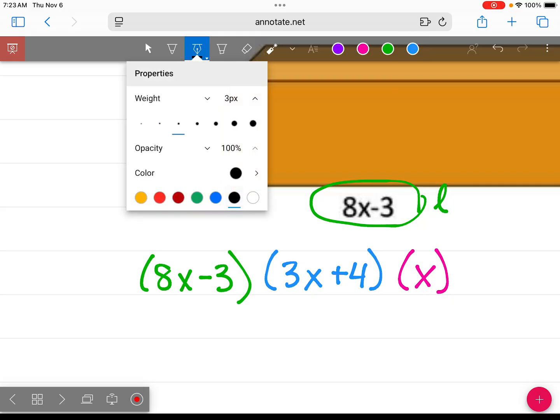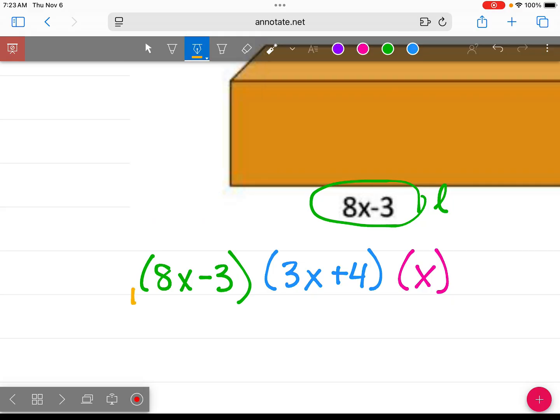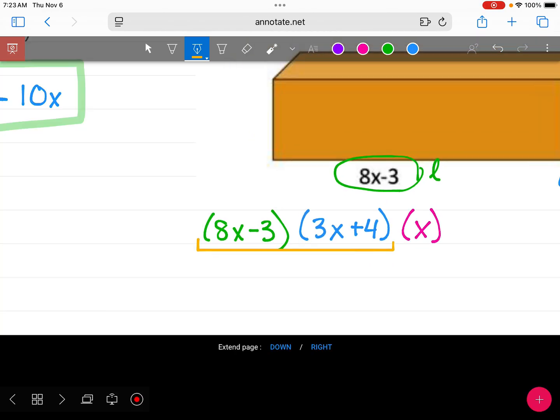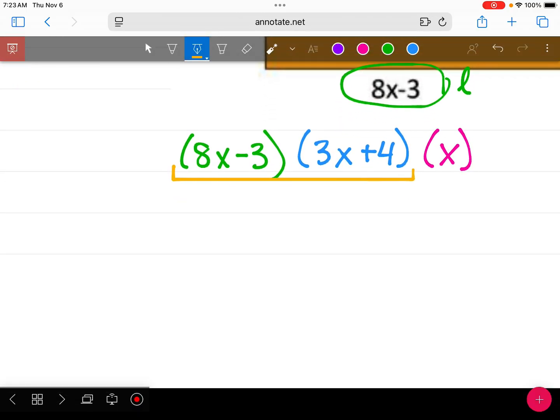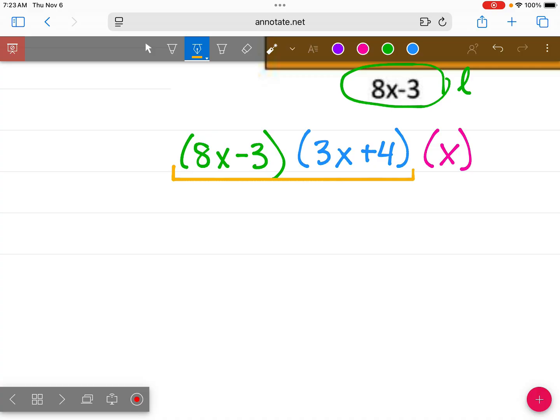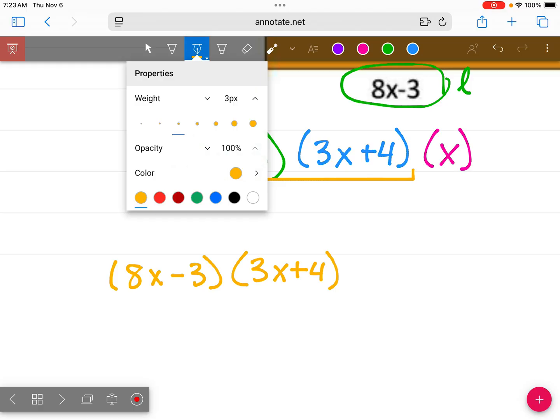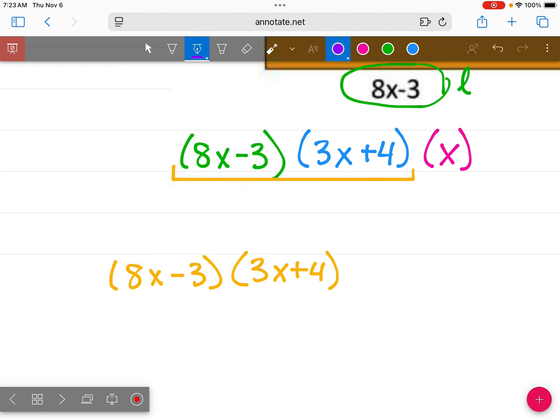So I'm just going to go from left to right and multiply, which means my first set of multiplication is going to be these 2 things together. I'm going to give myself a little bit more space. So our first thing we're going to multiply together, we're going to take our 8x minus 3 times 3x plus 4. And we're going to use either our box or our distributive property, double distribution, FOIL, whatever we want to use to get to a multiplied out version.